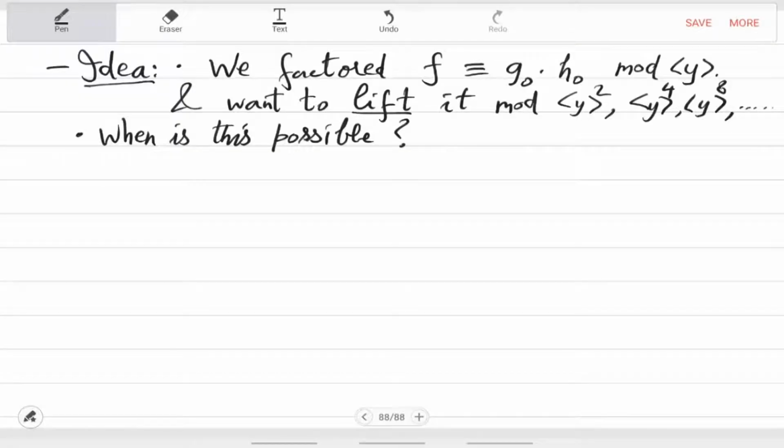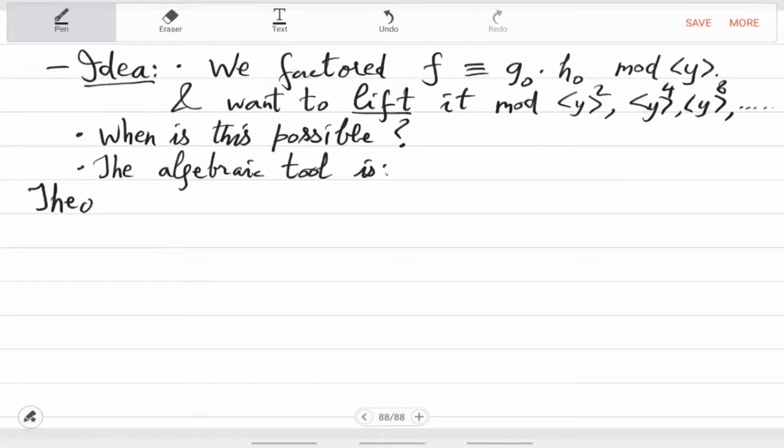Okay, this is called Hensel lifting. So that is the algebraic tool here. So this is what in this course we'll call Hensel lifting.